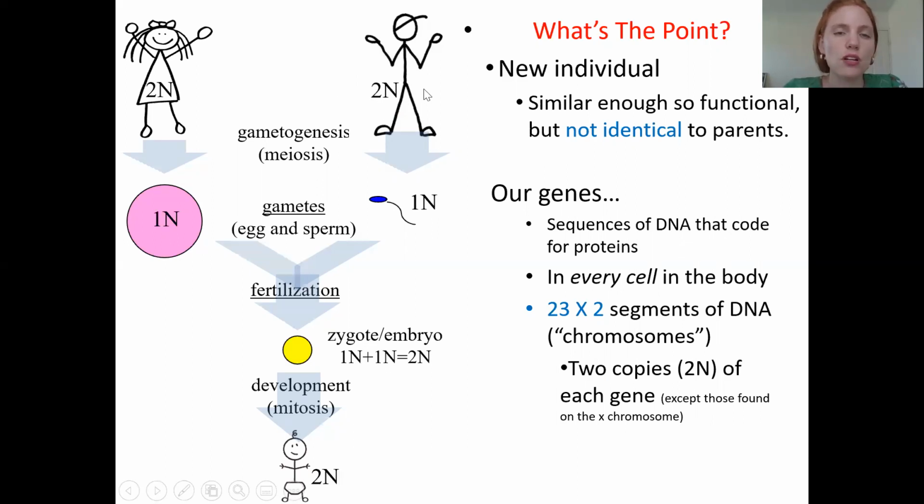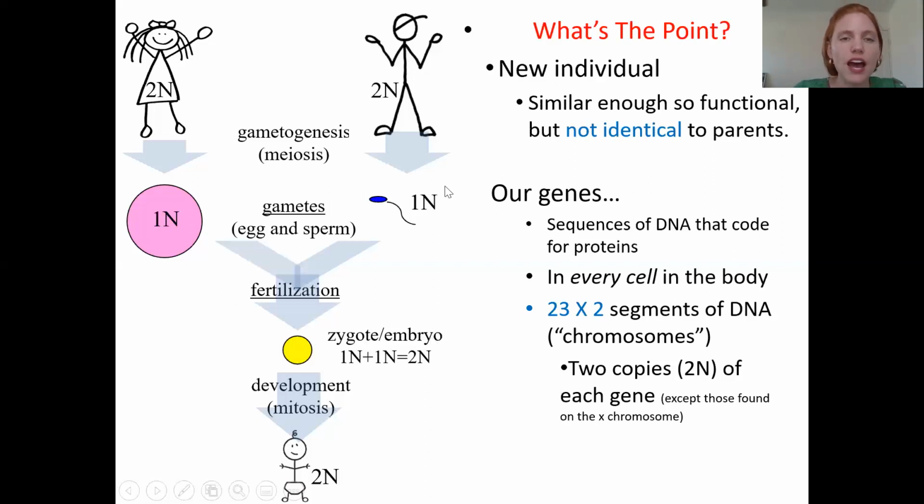The way that this is going to work is the males are going to produce a haploid, hap meaning half of, and half of 2 is going to be 1. So the males produce a gamete and the females produce a gamete, and then they're going to come together. When you have two haploid cells, an egg and the sperm, they're going to come together to create, again, a diploid zygote, which will then develop into an embryo and then to a fetus, and then eventually give birth to another diploid offspring.